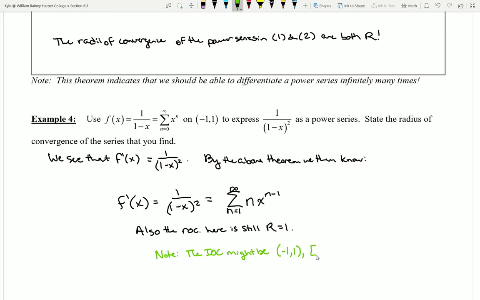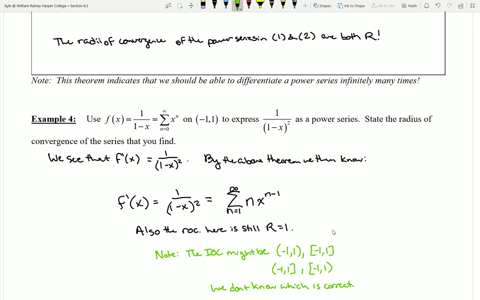But it could also have an interval of convergence of -1 to 1, including the endpoints. It could also have one where maybe it includes one endpoint or another, but not both. So actually, the interval of convergence might be any of these, and we don't know which one. So we don't know which is correct.